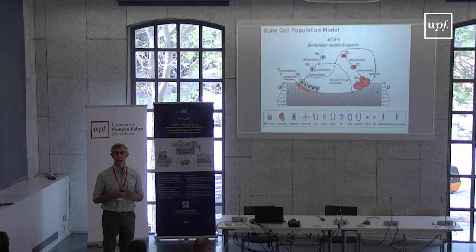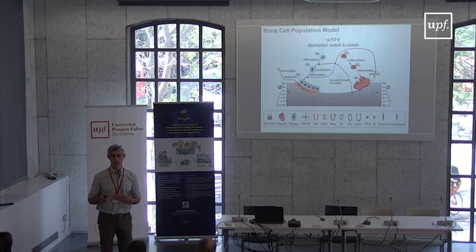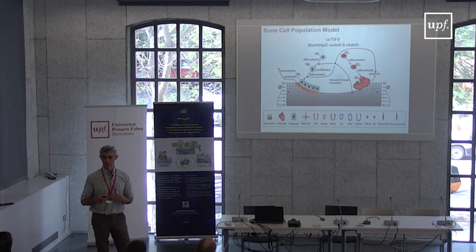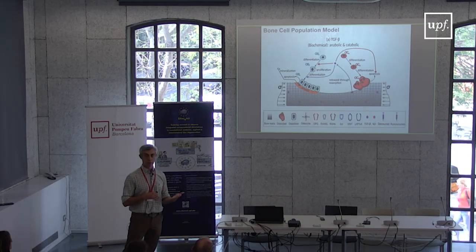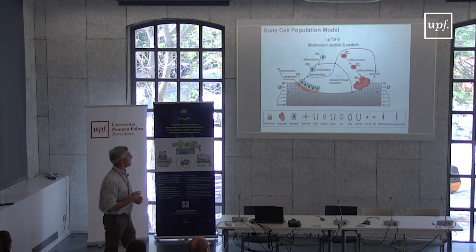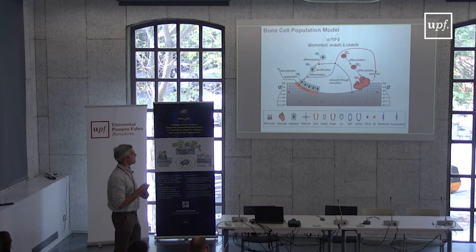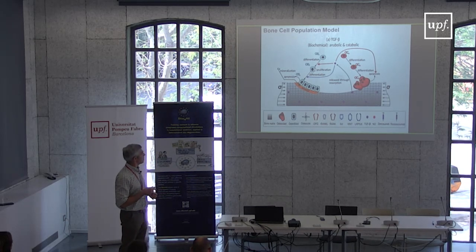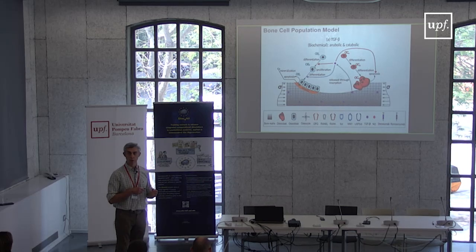For example, it induces apoptosis of osteoclasts. So basically, osteoclasts are releasing their own poison. This controls the population of osteoclasts. And in the other lineage, TGF-beta promotes the differentiation of stem cells into osteoblast precursors.